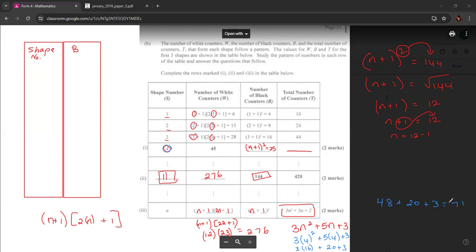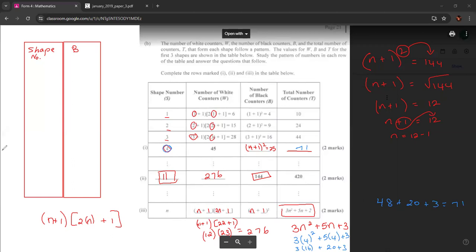So 48 plus 20 plus 3, that's 71. So that means the total number here would be 71. All right, so let's pause.